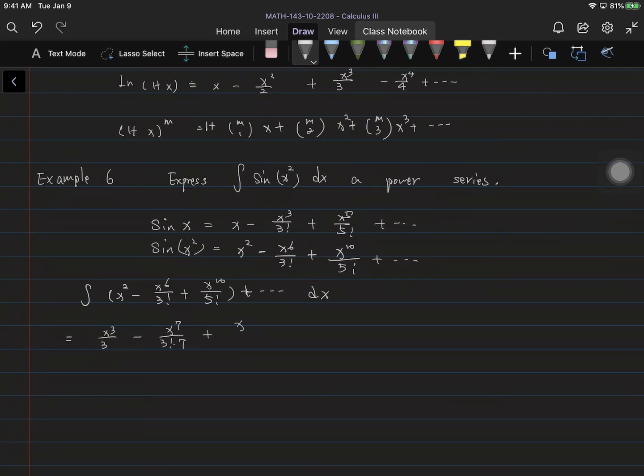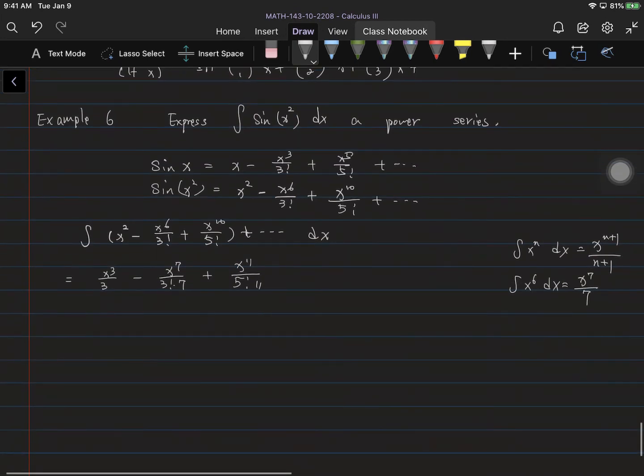Integral x to the 11 over 5 factorial times 11, because integral x^n equals x to the n plus 1 over n plus 1. For example, x to the 7 over 7. That's just the integral of each term, right? So this is the power series for the integral of sin x squared dx.